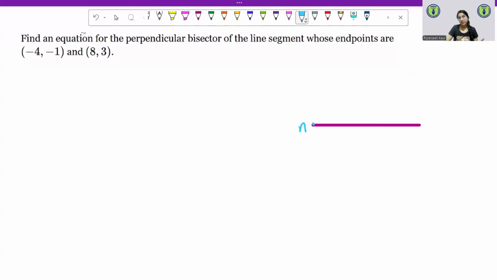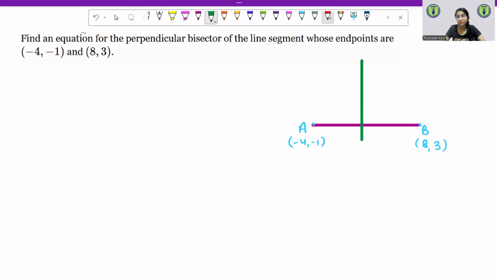Let me call them A and B. A is -4, -1, and B is 8, 3. We want to find the equation of a line for the perpendicular bisector of this line segment.